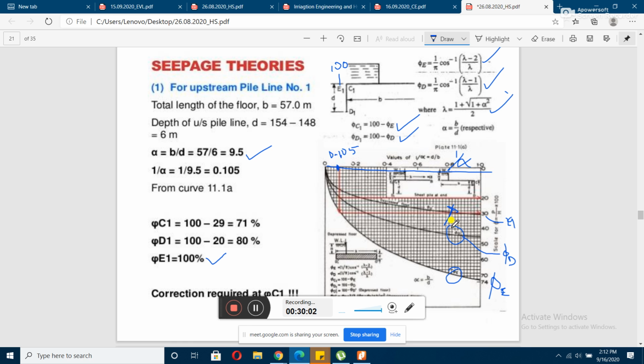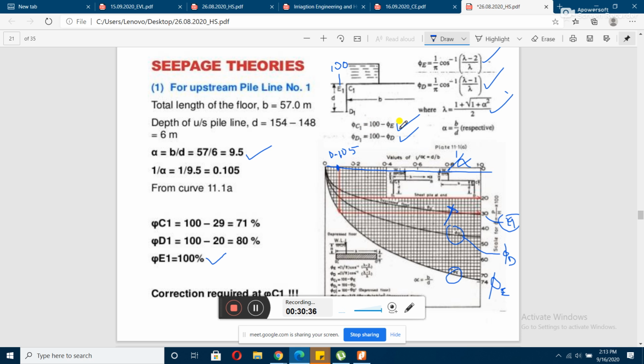From the x axis we draw a perpendicular to these two curves, then from the point at which it intersects we draw a horizontal line, and the value where that line intersects the vertical axis will give us the phi e and phi d values. For this particular phi e curve the phi e value turns out to be 29. From that we can easily calculate: phi c1 equals 100 minus phi e, that is 100 minus 29, which turns out to be 71.